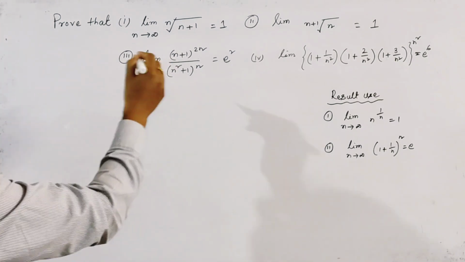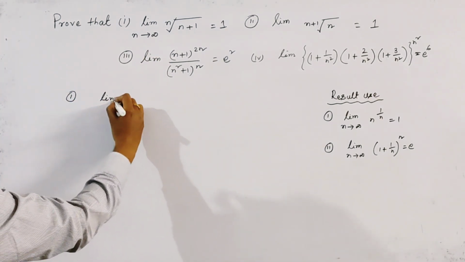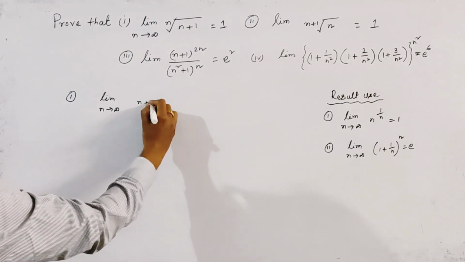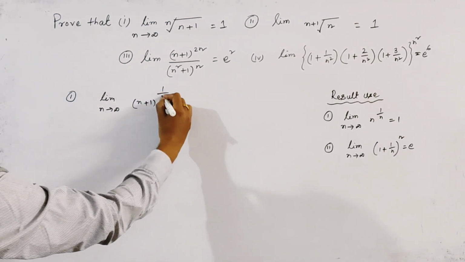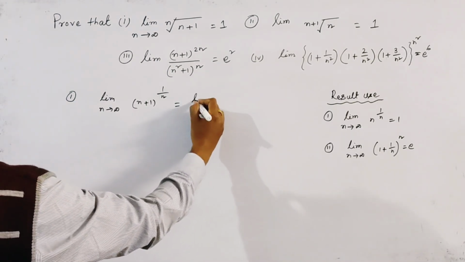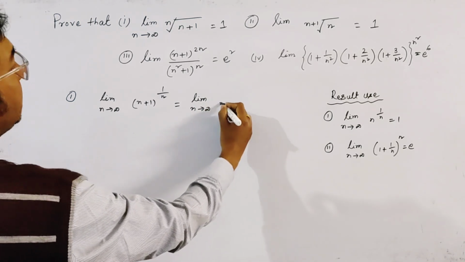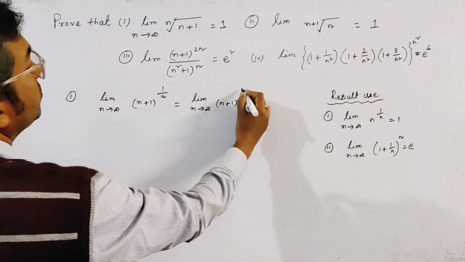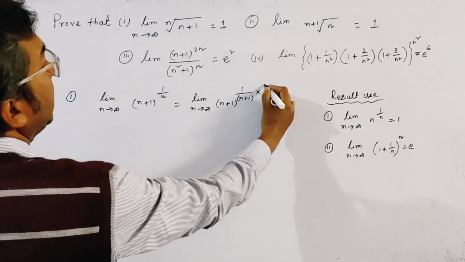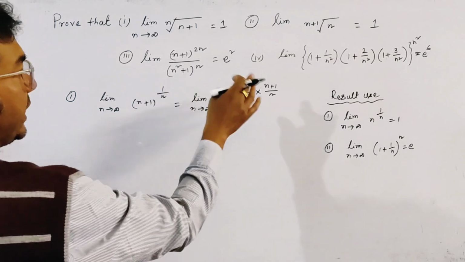Now for the first problem, we write limit n tends to infinity, n plus 1 to the power 1 by n. We can write this limit as limit n tends to infinity, n plus 1 to the power 1 by n plus 1, and then we must write here n plus 1 by n to balance 1 by n.